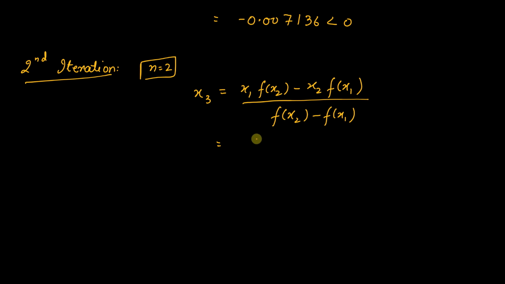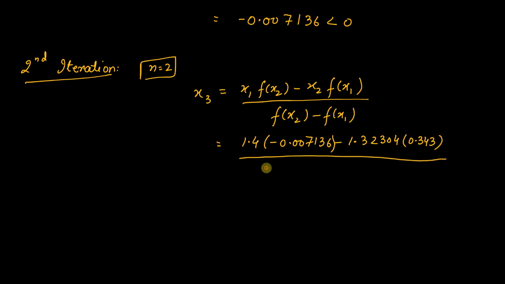So we need to substitute the value. The x1 is equals to 1.4. We have negative 0.007136 minus x2 we have 1.32304 and f of x1 is 0.343.